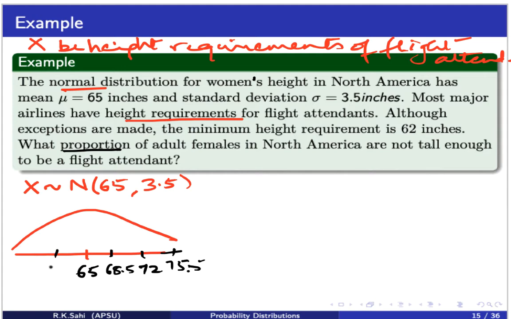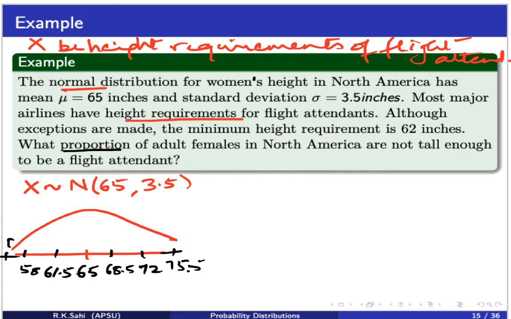Okay, now let's go on the left-hand side. Subtract 3.5. You're going to get 61.5. Going back more is 58, and one more back, subtracting 3.5, you get 54.5.